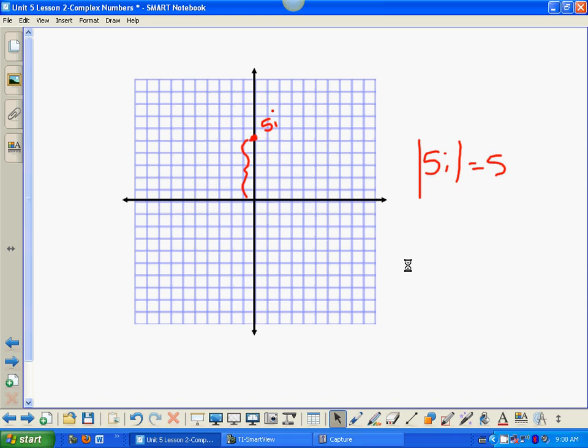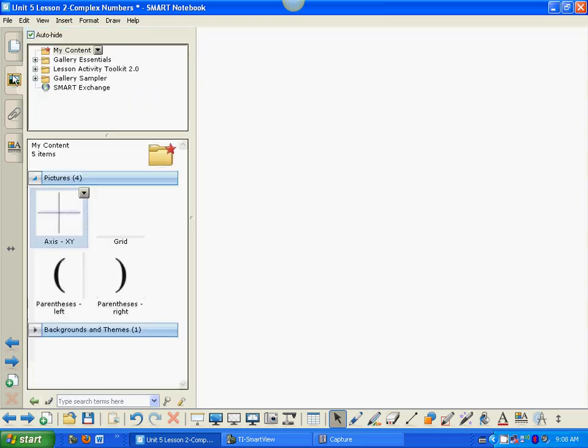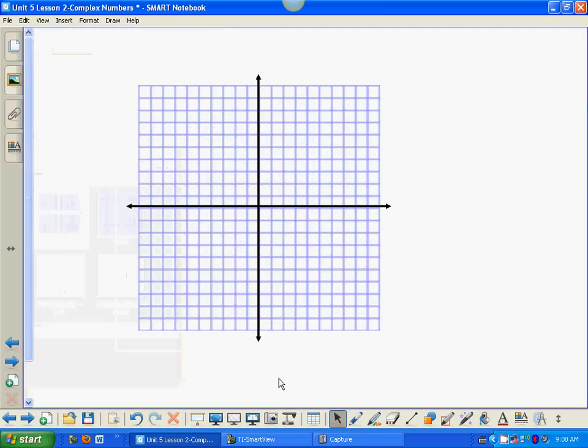Let's do one more. Okay. If I wanted to do 2 minus 3i. Oh, let's do plus. Let's put it in the first quadrant. All right, so I would go 2 on the real, up 3 on the imaginary, which puts my point here. That's my distance from 0.